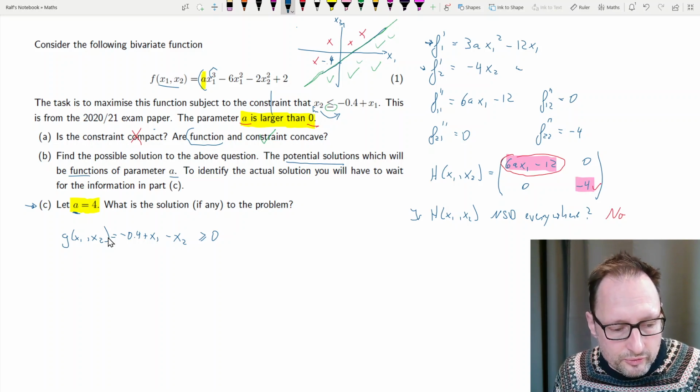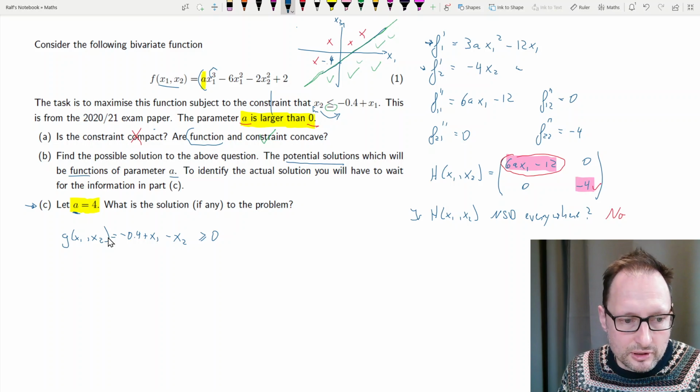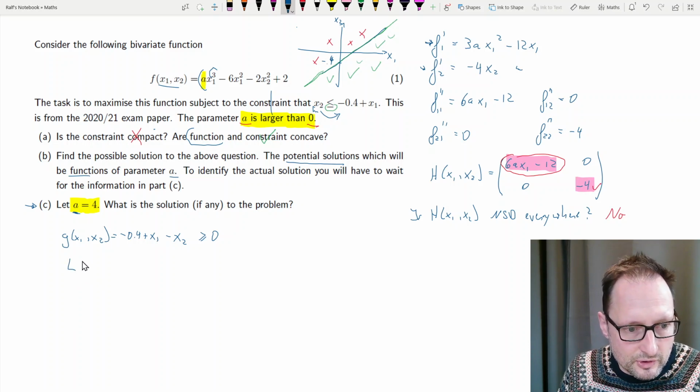So what we can now do is we can actually write down the Lagrangian. So the Lagrangian for this problem is the following.